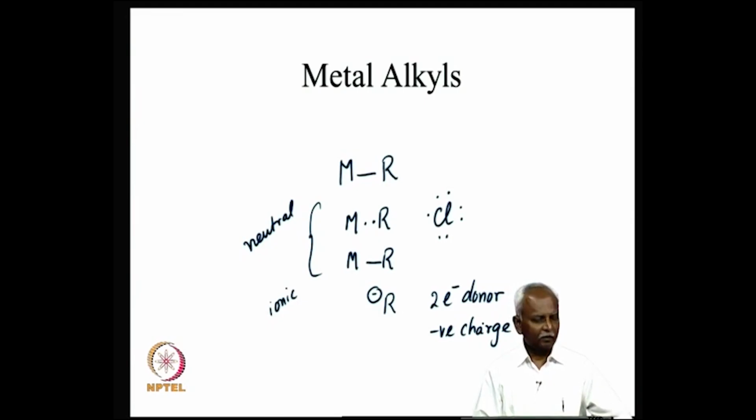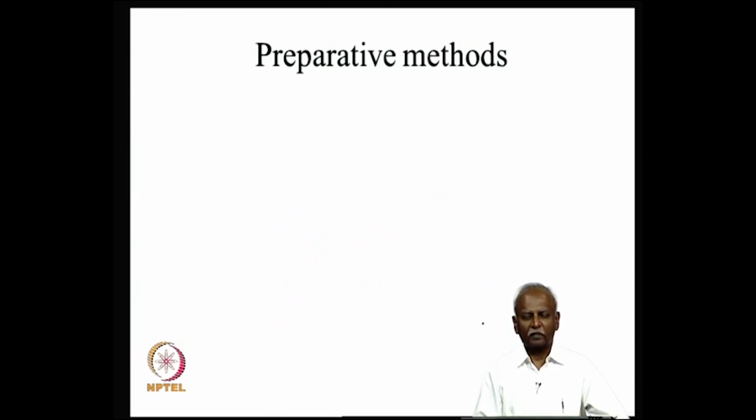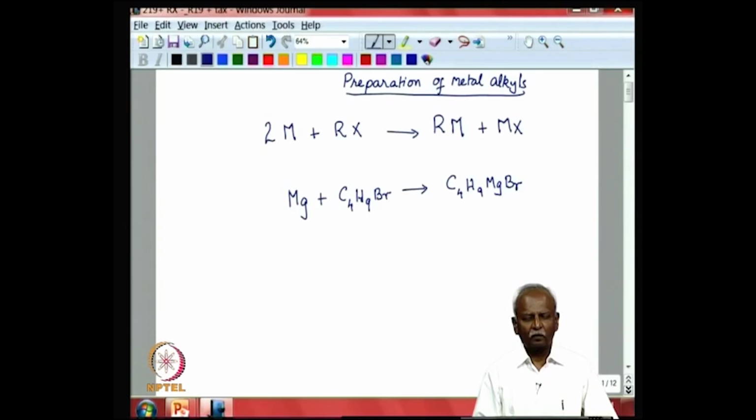And initially, I wish to look at some of the preparative methods that are available for us to generate this metal alkyl bond. When we talk about metal alkyls, it would be ideal if we look at some of the methods that permit us to make the metal alkyl bond directly from the organic compound.